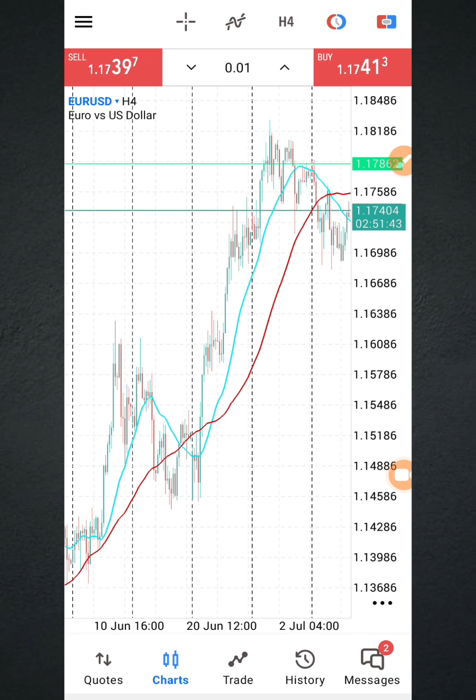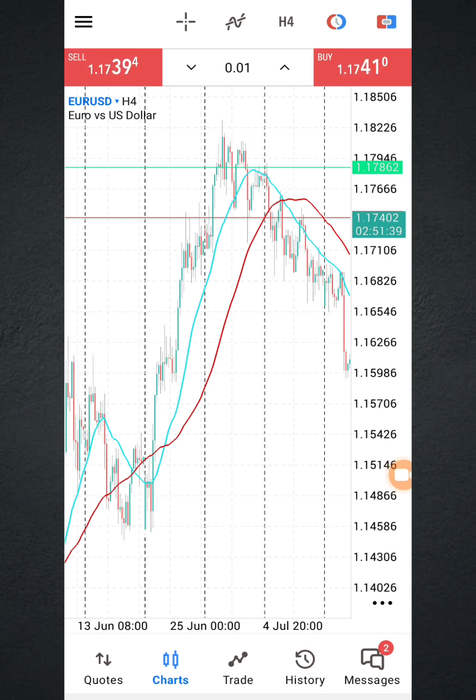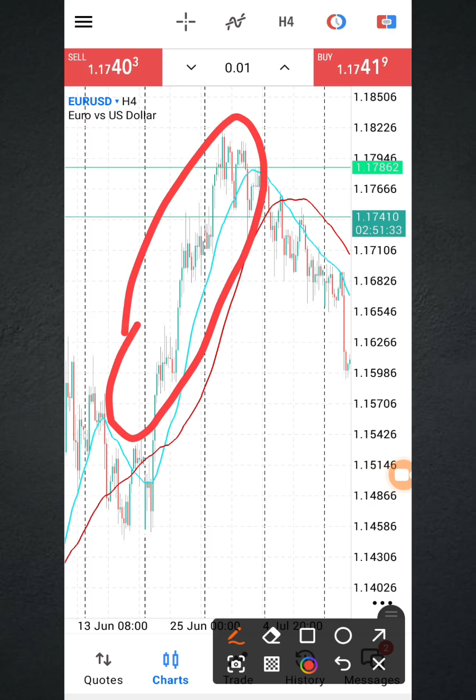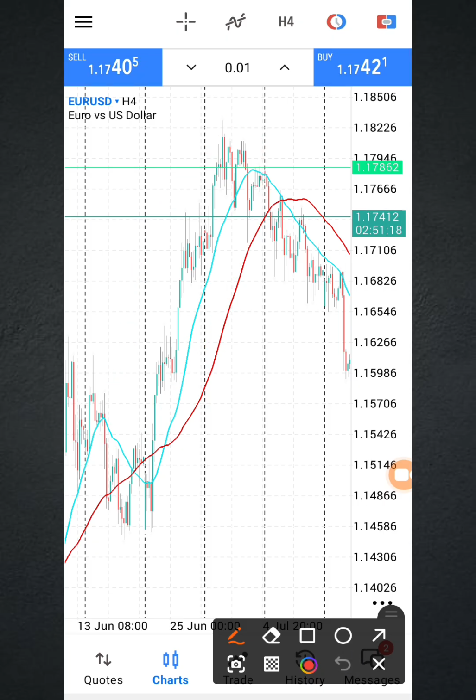Price at these points here is above the moving averages, and you can effectively know that this is an uptrend. Now, when candles are forming below the moving averages, you can then know that that is a downtrend.